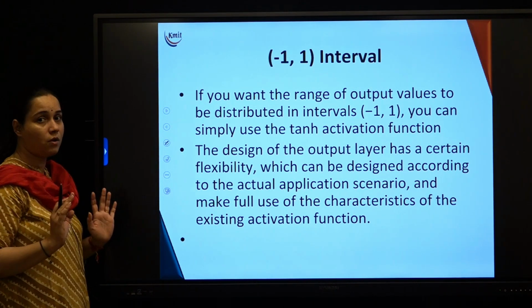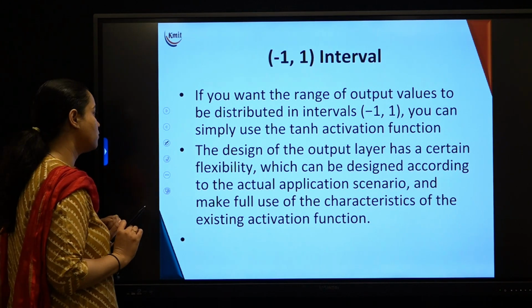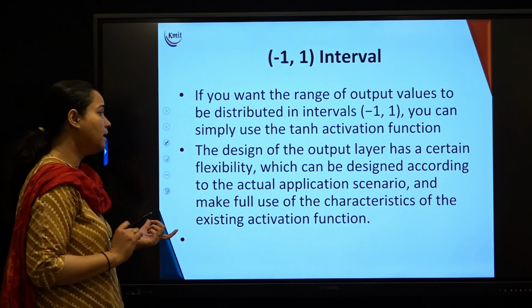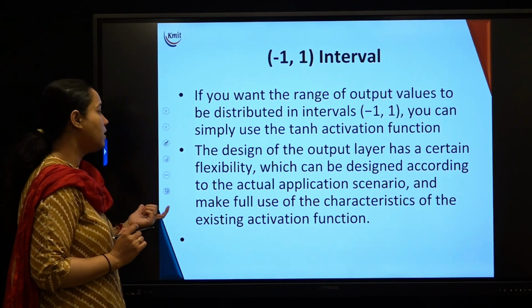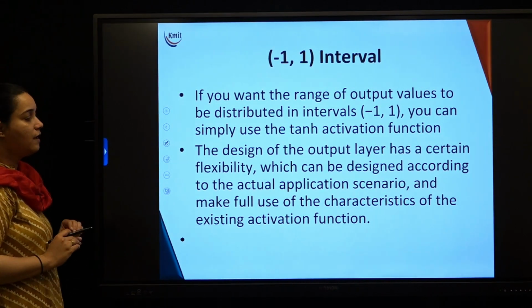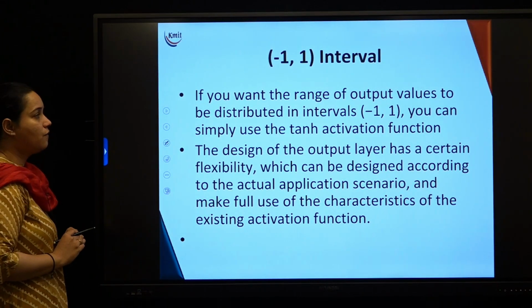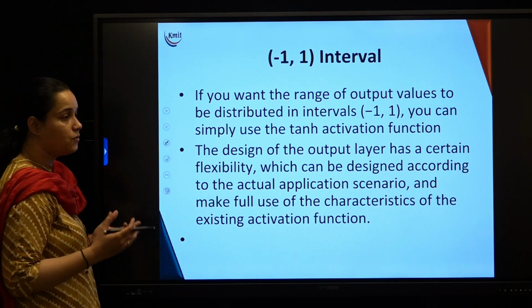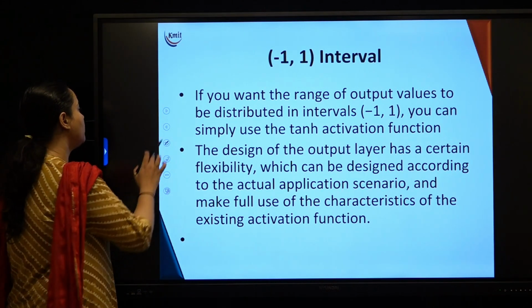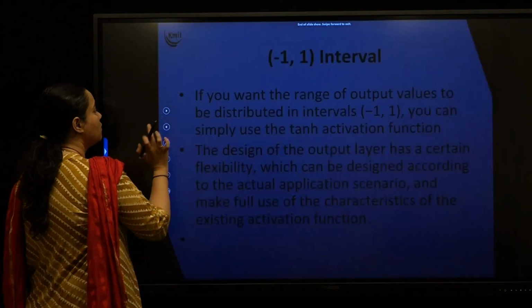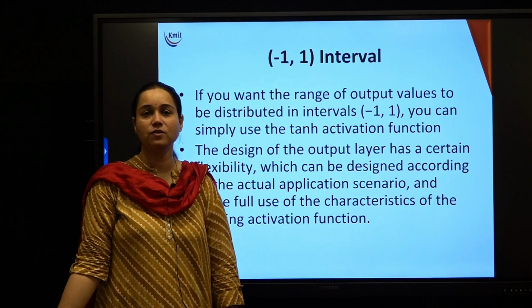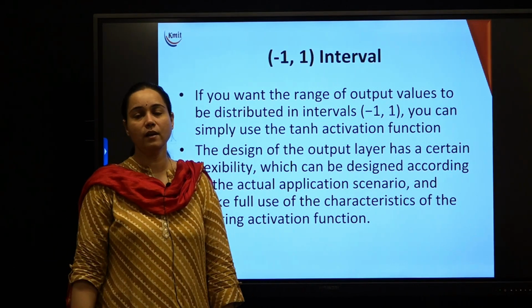So you should know your model better to use a suitable activation function. The design of the output layer can be designed according to the actual application scenario and make full use of the characteristics of existing activation functions. So just check what your range of output is and then you can use a suitable activation function. This was all about where and how to use activation functions in the design of an output layer.